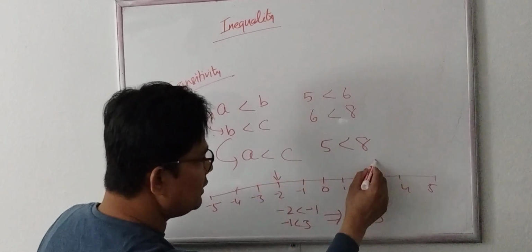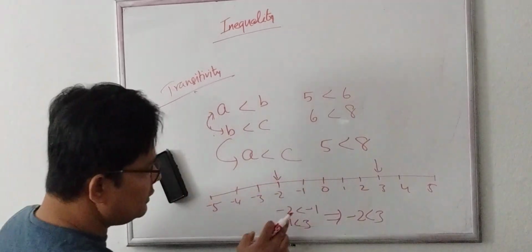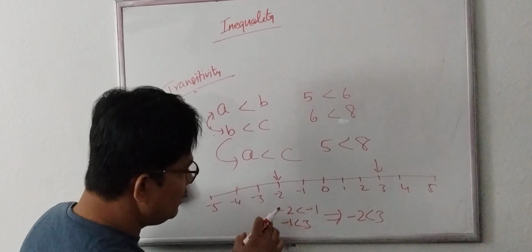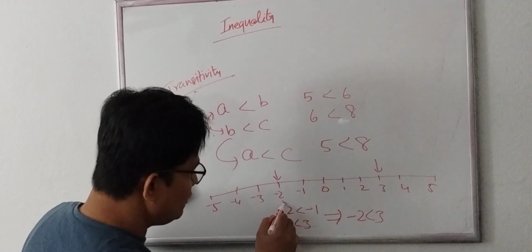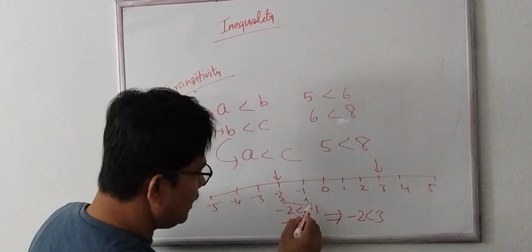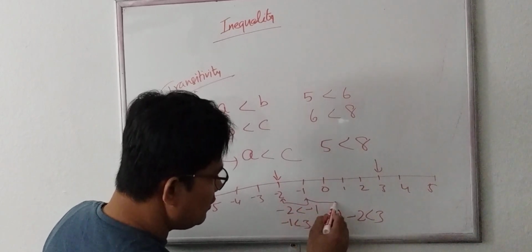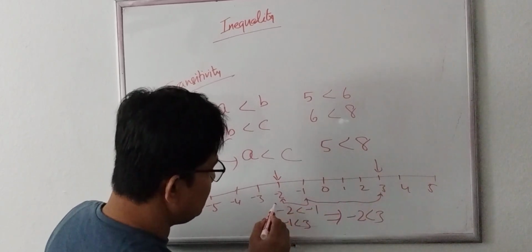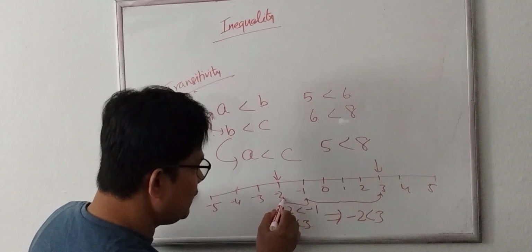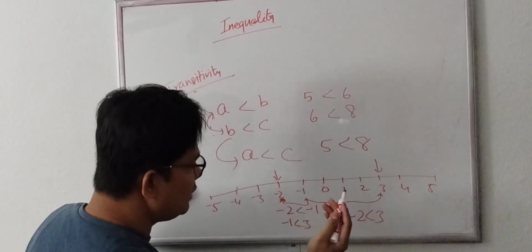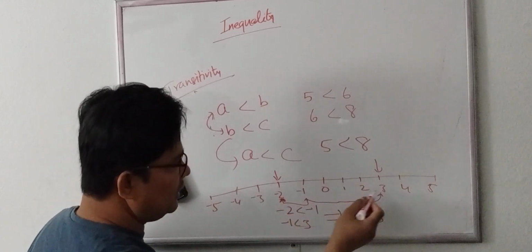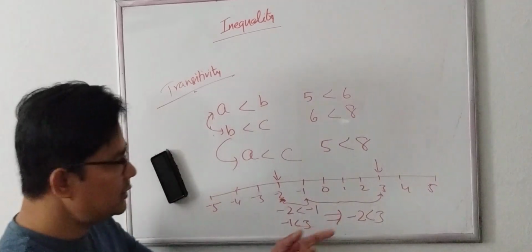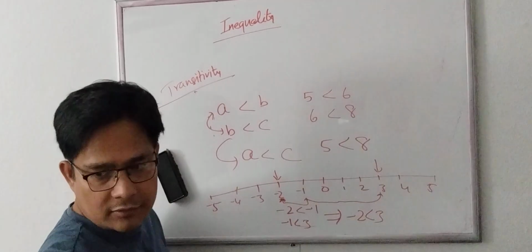Minus 2 is here and 3 is here. So what relations are given? Minus 2 is less than minus 1, and minus 1 is less than 3. So you can say that minus 2 is on the left side of 3. That's why minus 2 is less than 3.